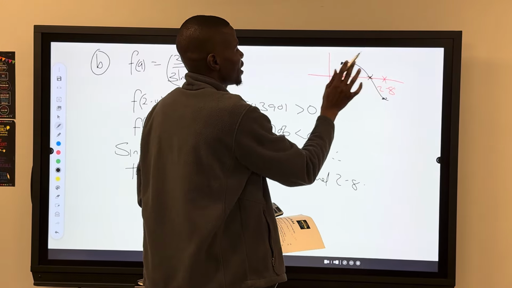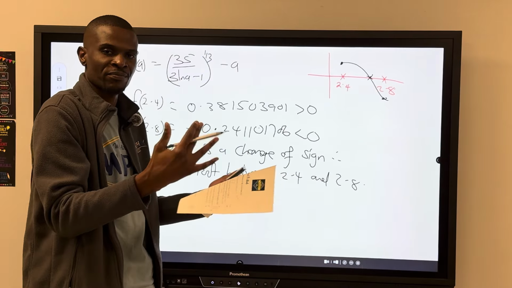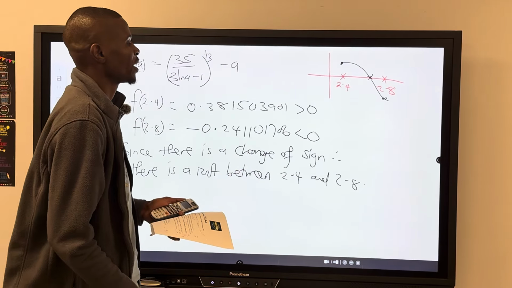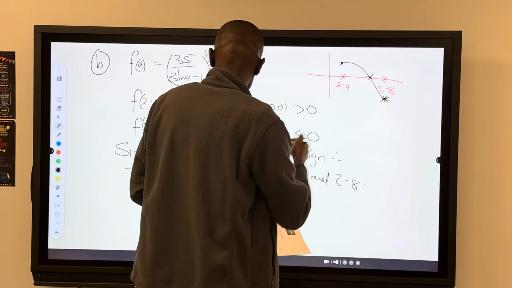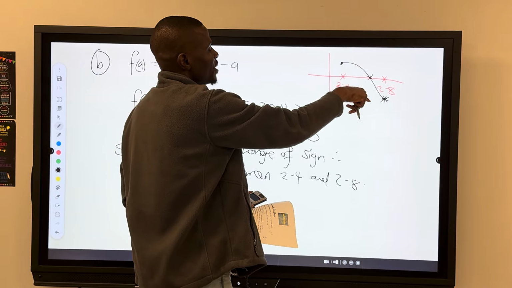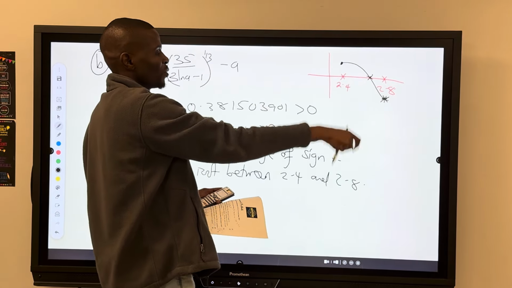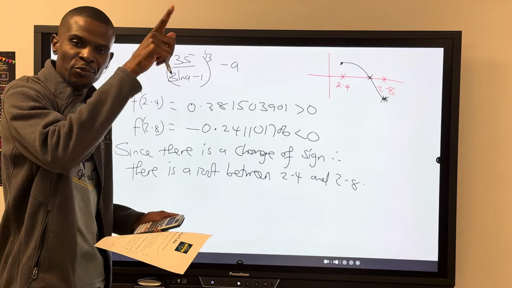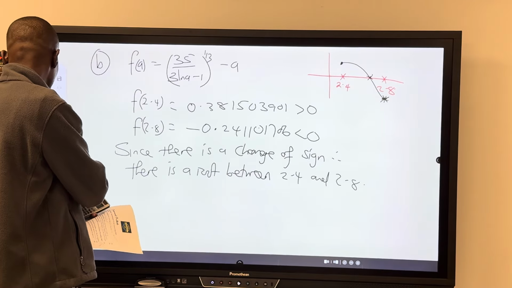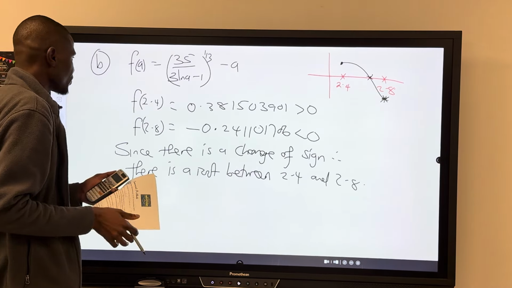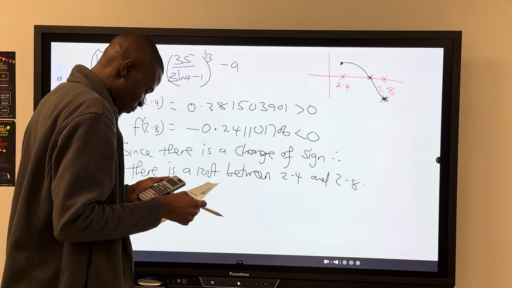The graph passes through the x-axis, so we have a solution in between. So we make this argument that as long as there's a change of sign between the two values, it means there is a root between them, because the graph will pass through the x-axis. Okay, so now we have proven this.